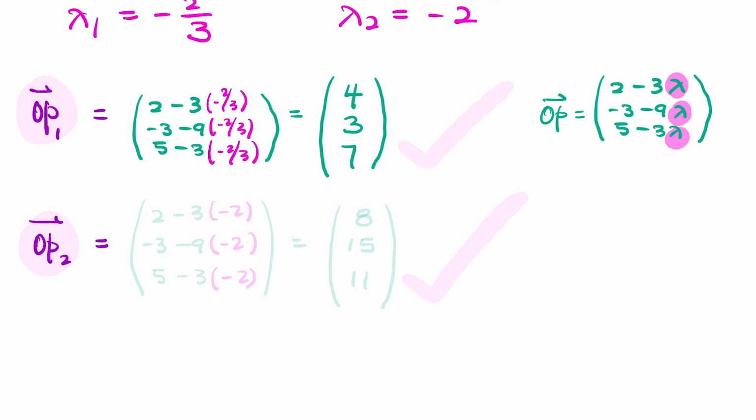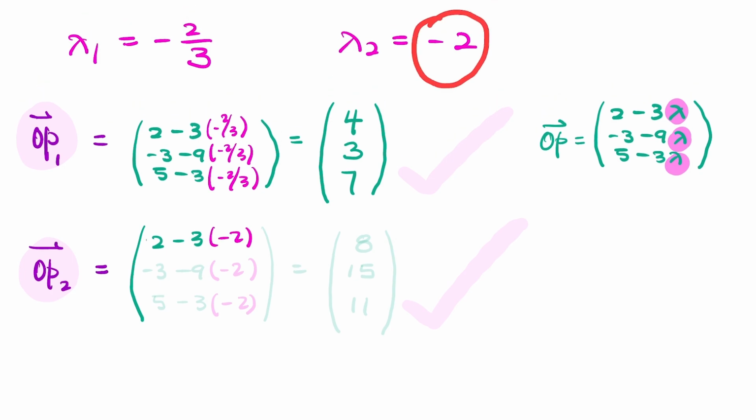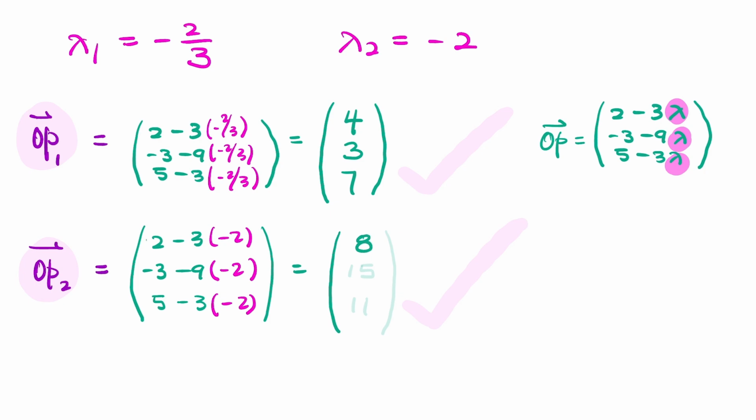And OP2 is the same, using the value of lambda 2. So 2 minus 3 times minus 2, then minus 3 minus 9 times minus 2, and 5 minus 3 times minus 2. And that will give us 2 plus 6 is 8.